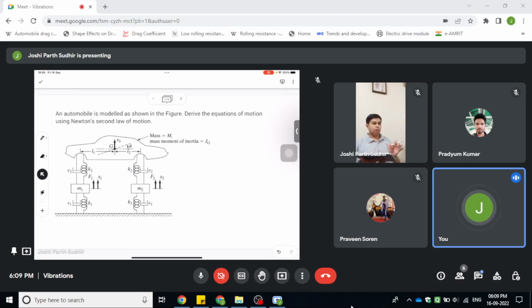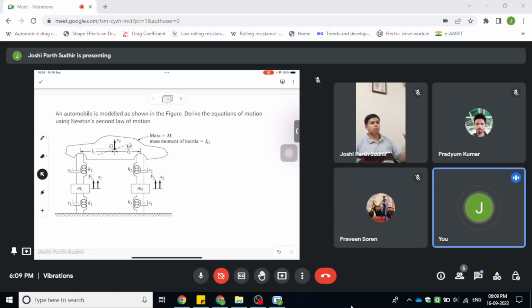It modeled the entire car body as a single lumped mass which can just move up and down, with 1 degree of freedom, and we also modeled all 4 wheels together as a single lumped mass, with the spring and damper representing the stiffness and damping of the suspension, all the 4 wheels combined together.